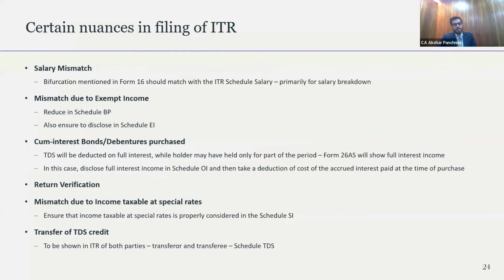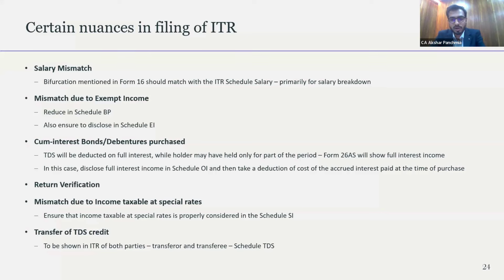Then coming to individuals who are earning salary, while filing the form of a salaried person, the bifurcation which is mentioned in Form 16 should match with the ITR schedule at the time of filling the salary portion. This is primarily related to your salary components, because what we have noticed is people try to take an HRA after the whole breakdown is given by the employer, in which case this will throw a mismatch and create more problems.